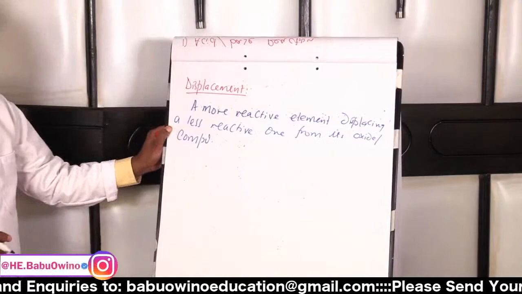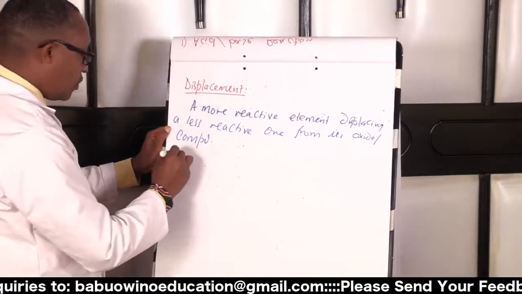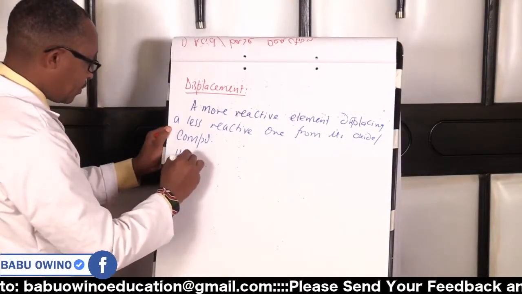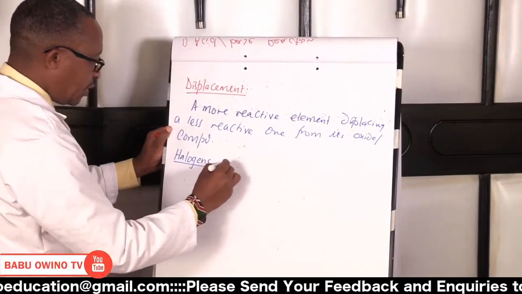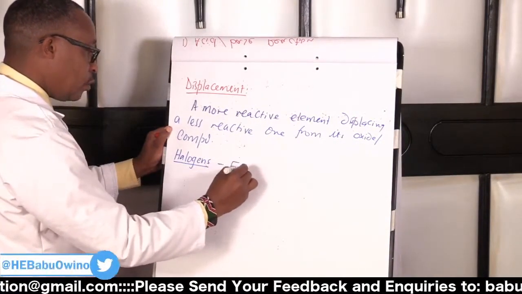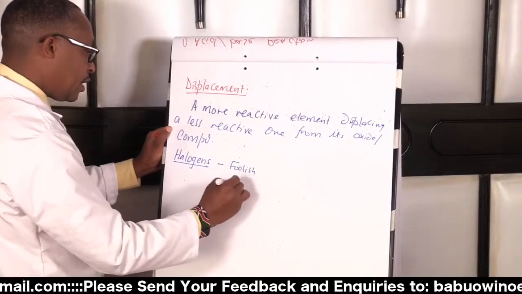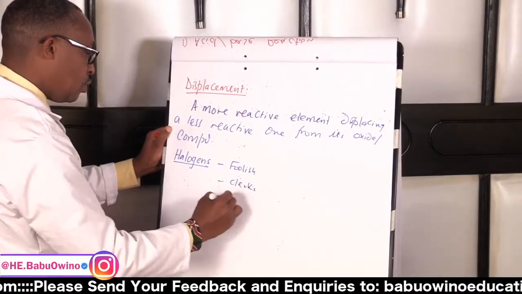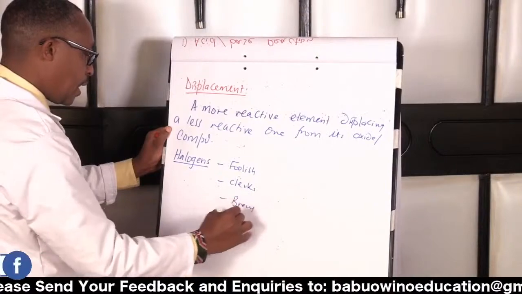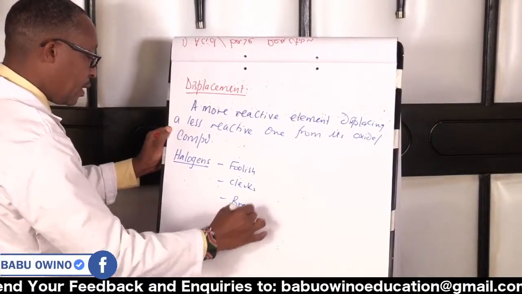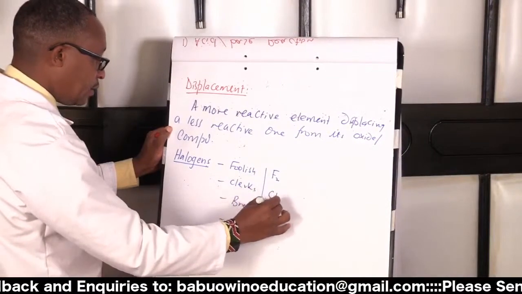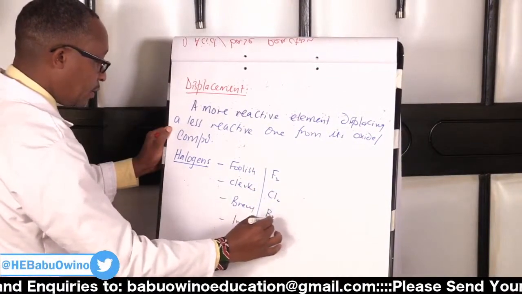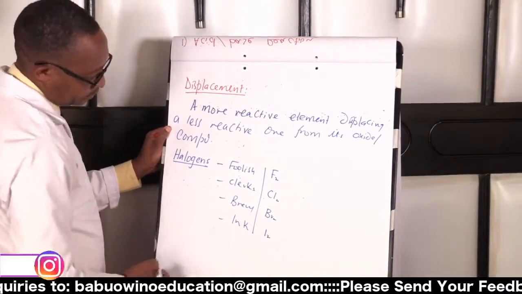And we can take an example of the halogens. Halogens. This means we have fluorine, chlorine, bromine, and iodine.